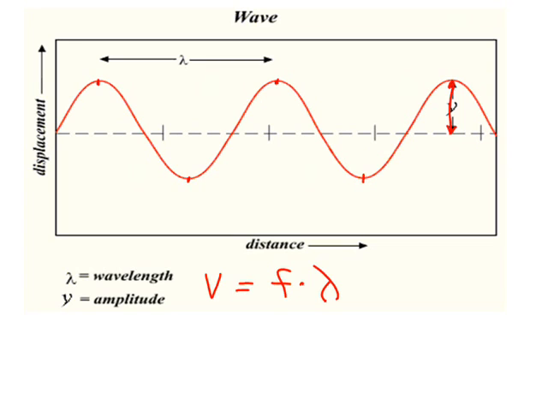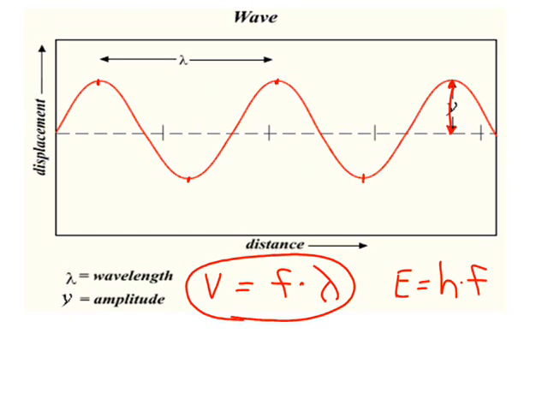Well, the relationship that we get there mathematically is that energy is equal to a constant we call Planck's constant times the frequency. So these are the two mathematical relationships that would relate the frequency, the wavelength, the speed of the wave, and then the energy and the frequency.